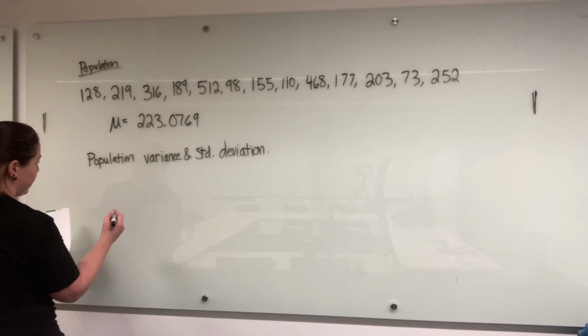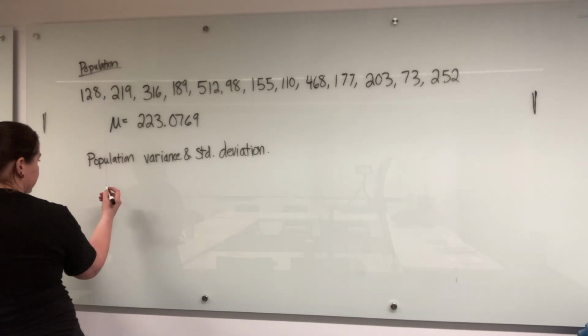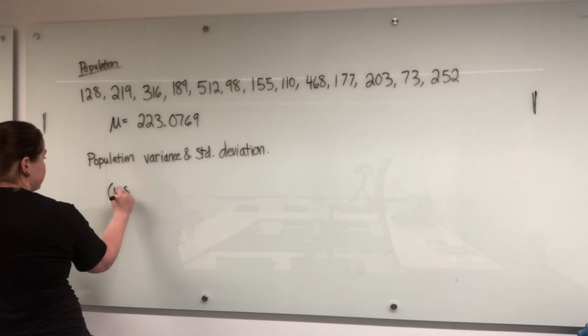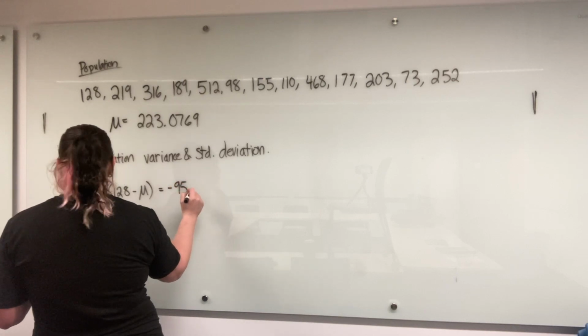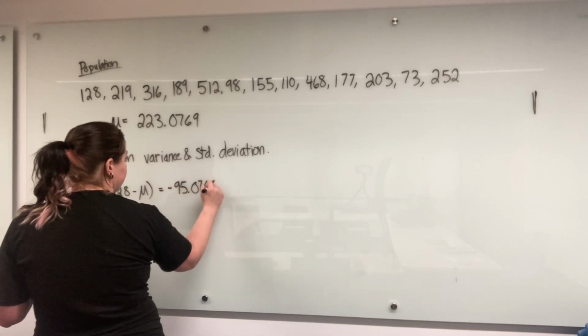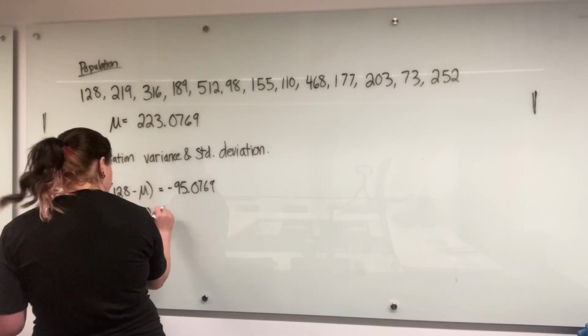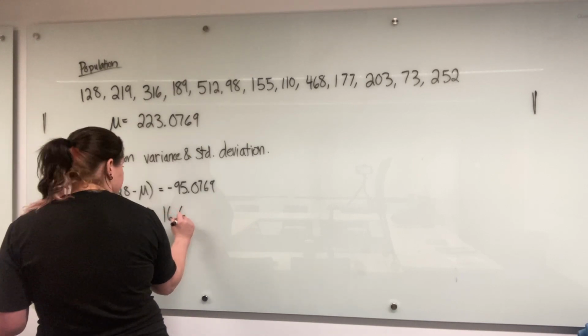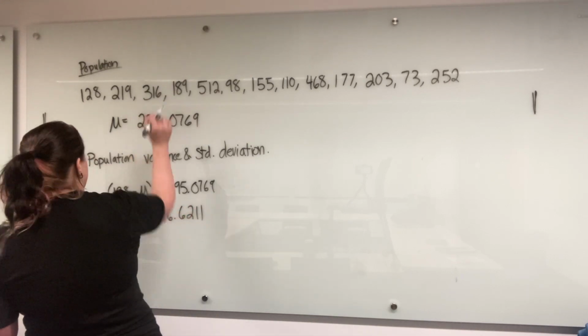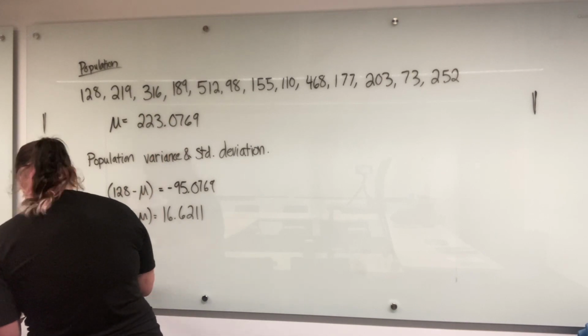If we go ahead and calculate our deviations, we have 128 minus mu, negative 95.0769. 219 minus mu, it's 16.6211. So I'm just taking each of these and calculating each number.